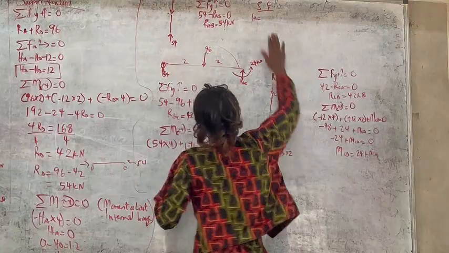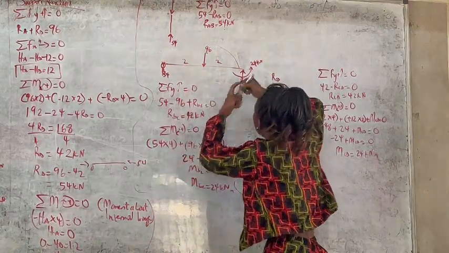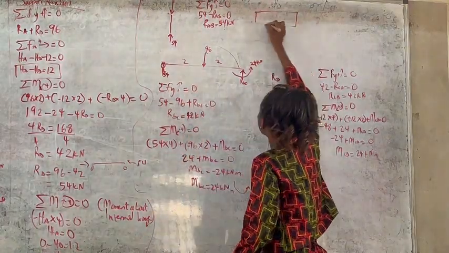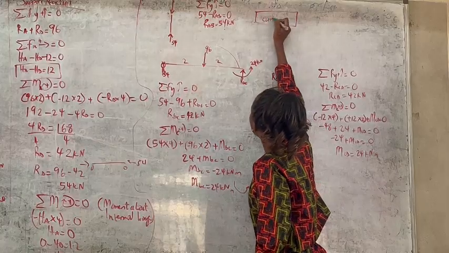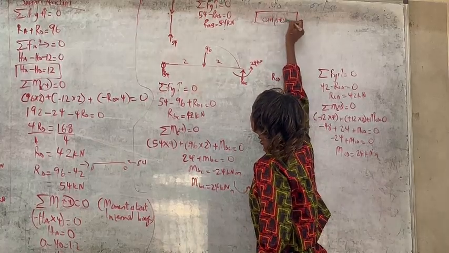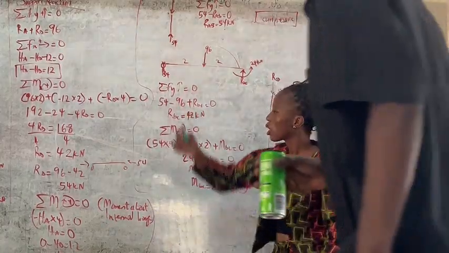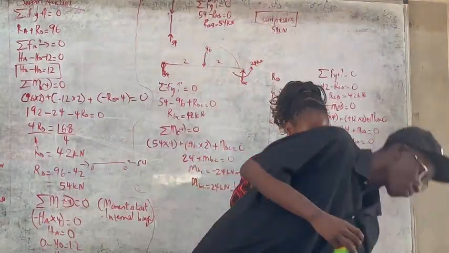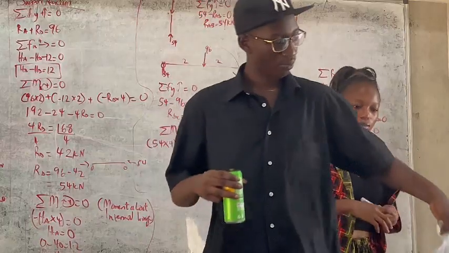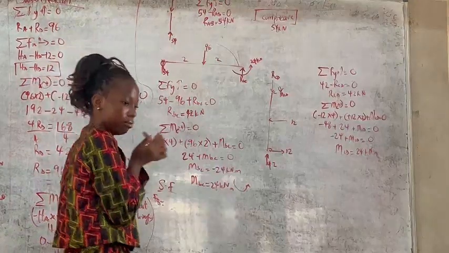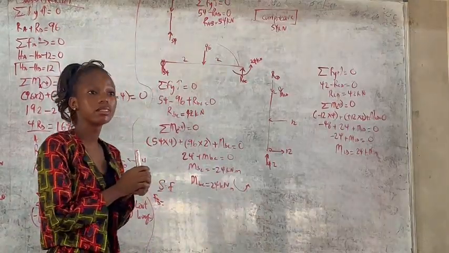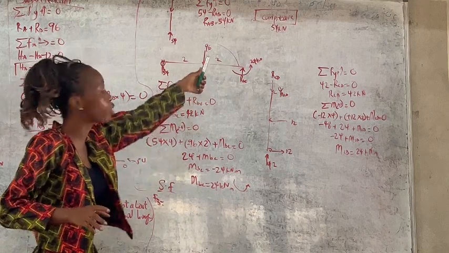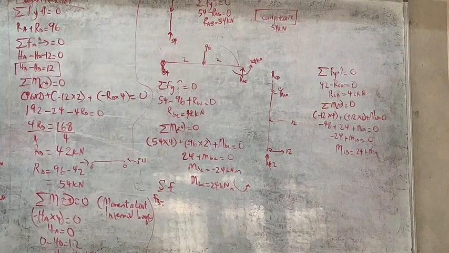So the only thing we have here is the axial diagram, like this, and it is compressive. Compressive of 54. It is compressive because 54 is squeezing it.